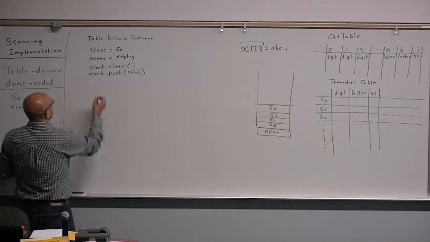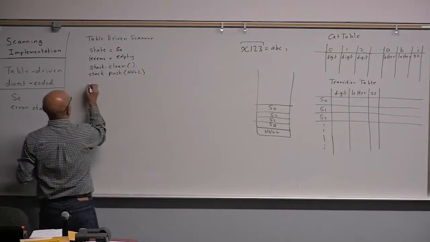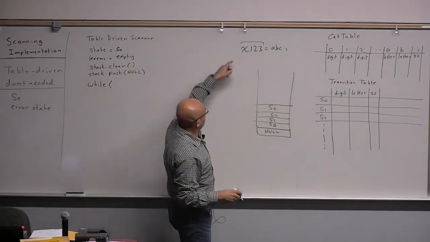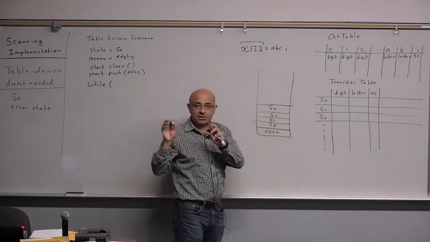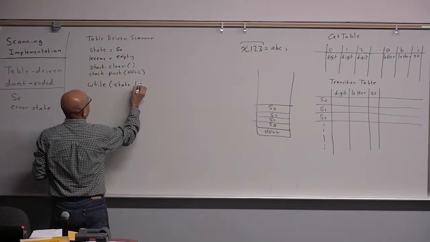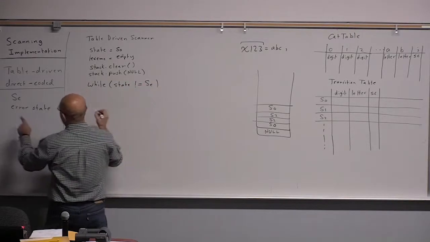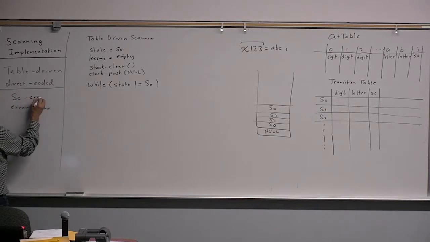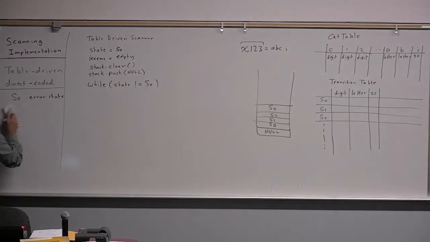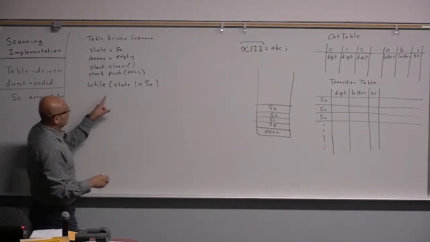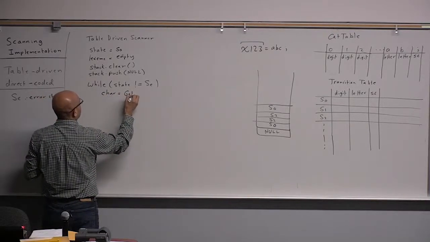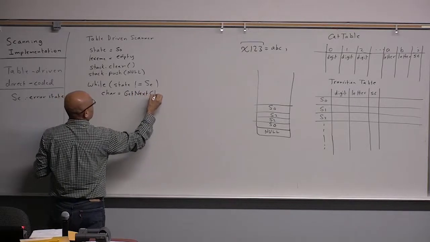OK. Then we will loop. Now our loop will be looping until we get to that error state. So while state is not equal to SE, where SE is the error state, we read a character. Character equals get next character.